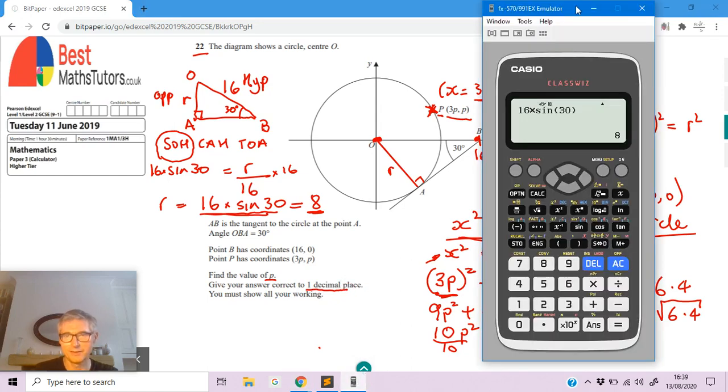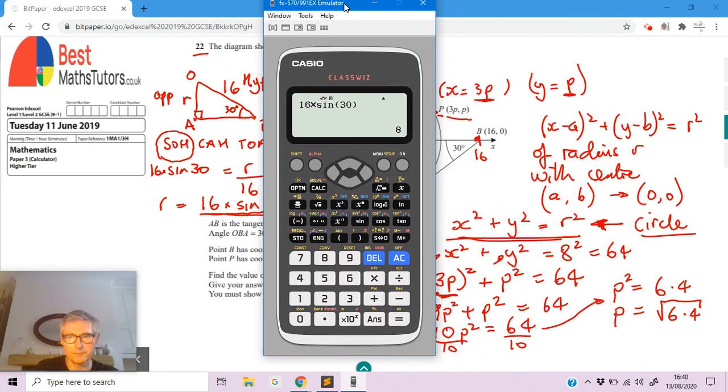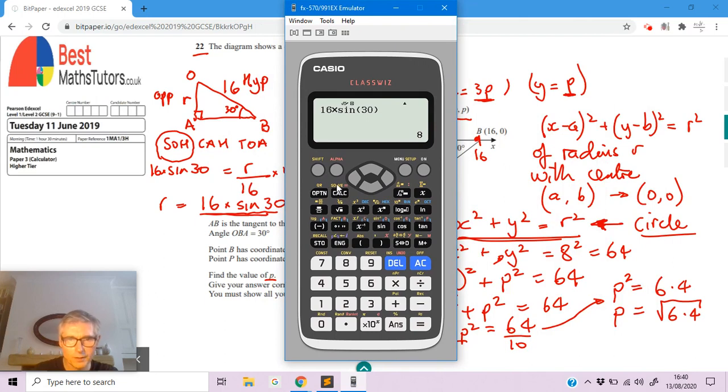So get that across here. Clear what I've got in the calculator already, and I'm going to go square root of 6.4 equals.